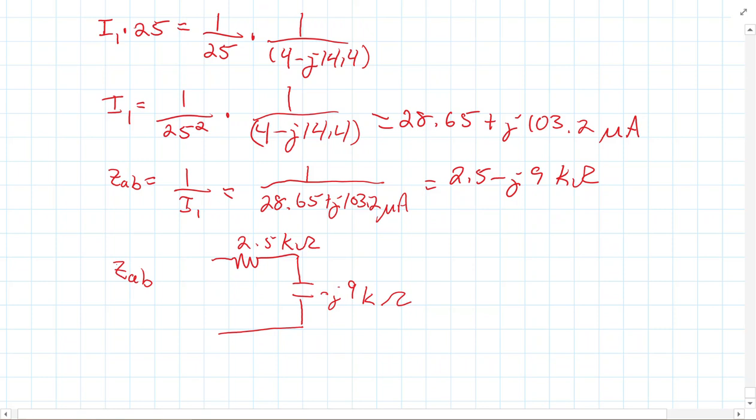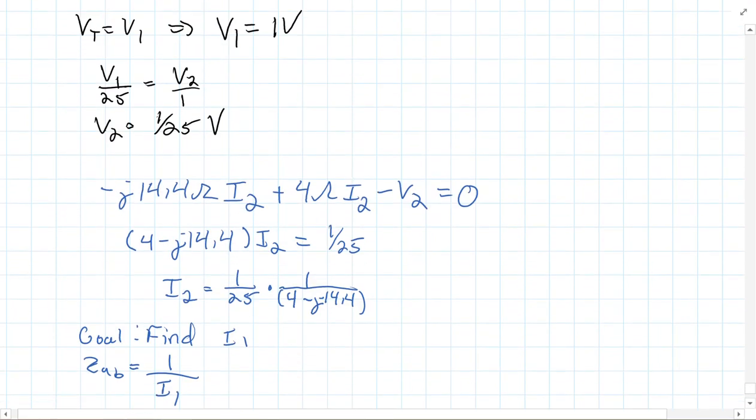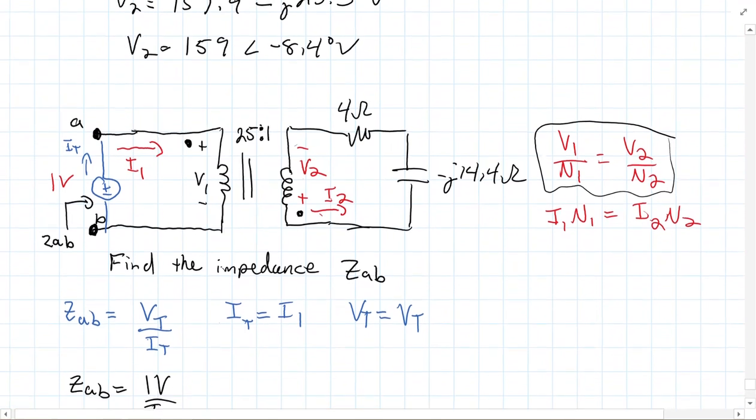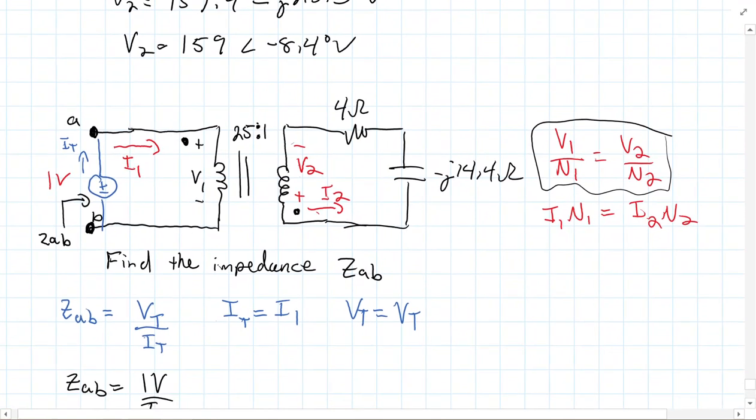Because really, if you're talking about a transformer, I've suddenly lost all of the useful information, like whether this transformer is step down or step up. I do know just looking at the turn ratio. You can just look back at the voltage equation here: V1 over N1 is equal to V2 over N2, and N2 is 1, so it's a step down because whatever your V1 is gets divided by 25. So it's clearly a step down transformer.